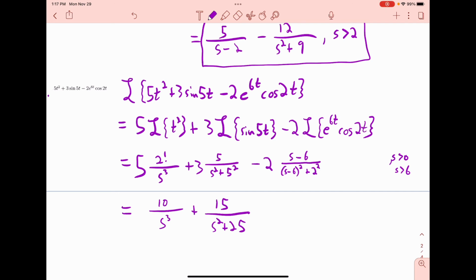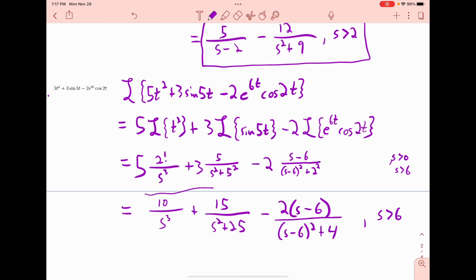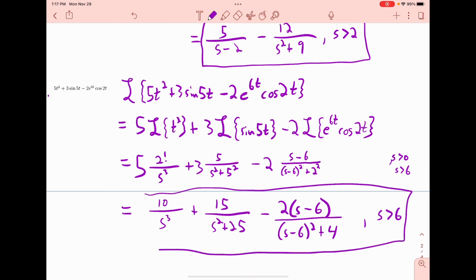And then multiplying that negative 2 up on the top, I think it'll make our lives easier if we just keep it separate from the s minus 6, keep that factored out. Minus 2 times s minus 6 over s minus 6 squared plus 4. Now, our two conditions that we have to meet both of are that s has to be both bigger than 0 and bigger than 6. And combining those together, it's all going to work when s is bigger than 6, since that automatically means it's also bigger than 0.